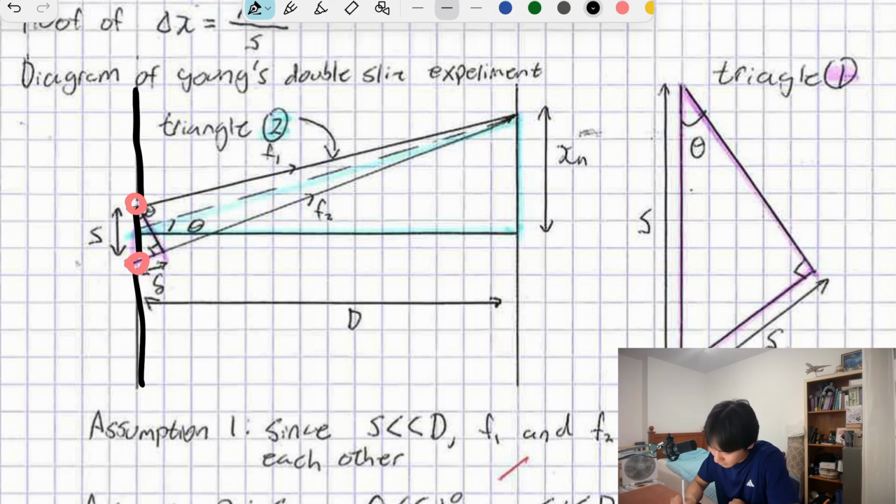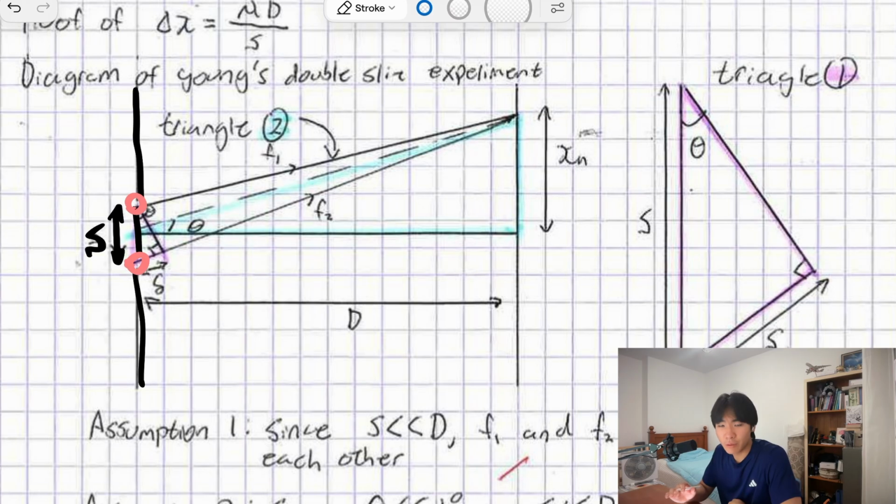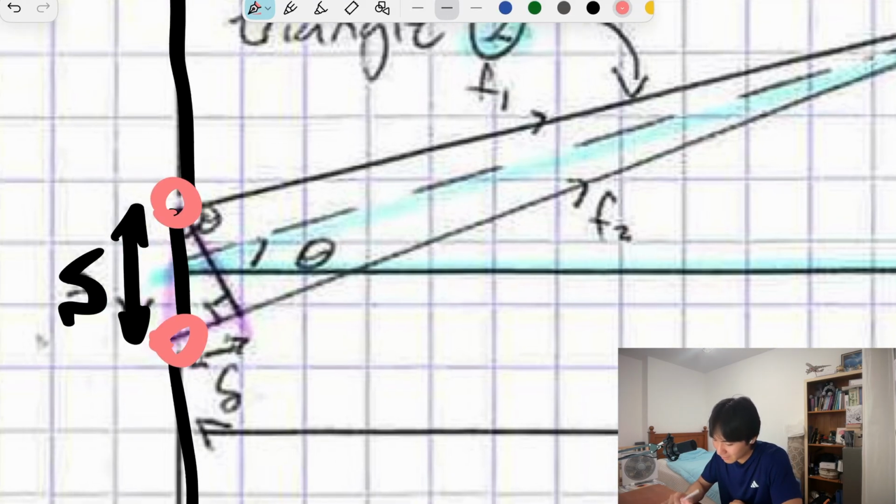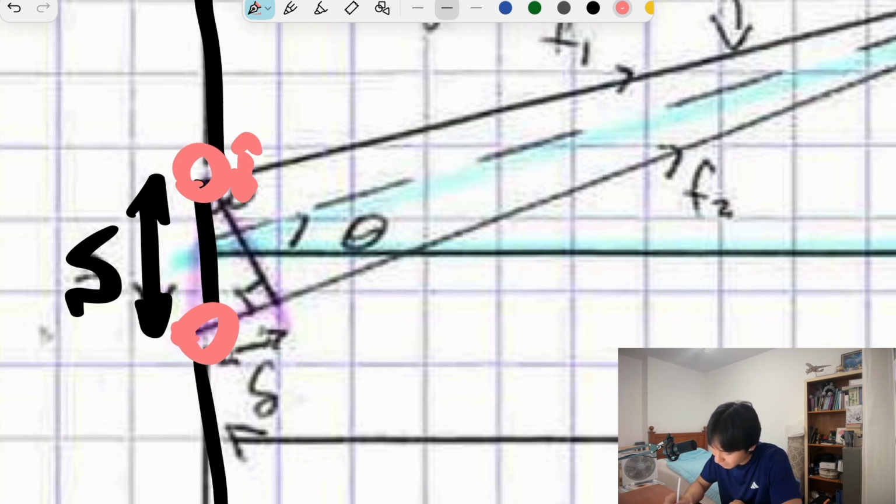And this is my slit distance, which I called S. What we're actually assuming, and it took me a while to realize this, is that we don't care about the size of the slit itself. Let me take a better pen.